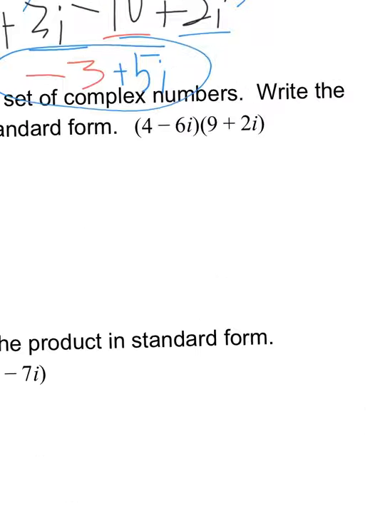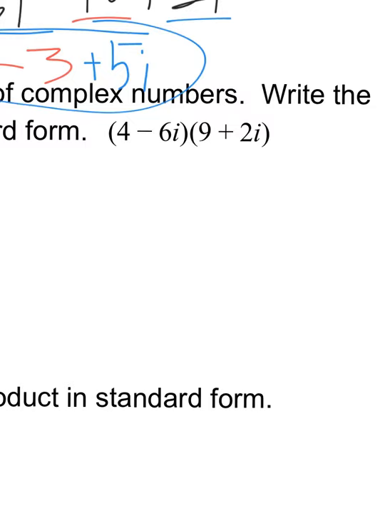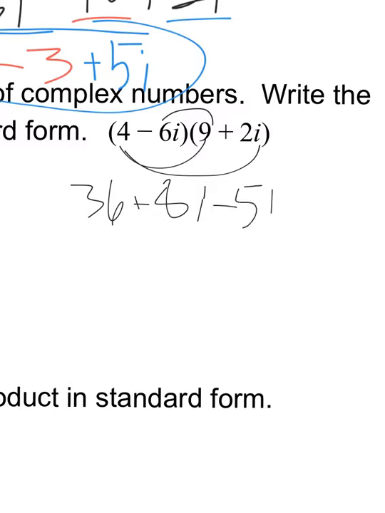And then number 8, if you want to do this by hand, it's just distribute and multiply. 4 times 9 is 36. 4 times 2i is 8i. Negative 6i times 9 is negative 54i. Negative 6i times 2i would make negative 12, and then you have i times i, that makes i squared.